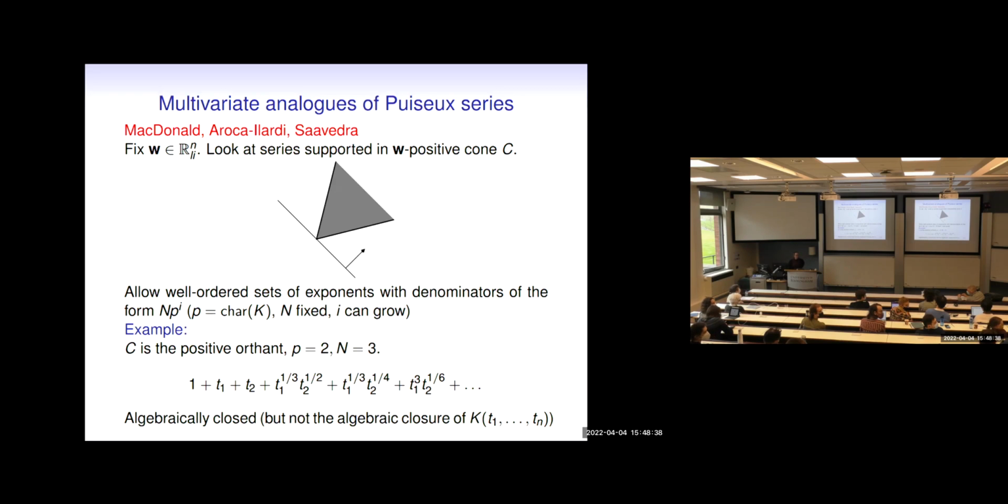Is this just characteristic p, or is it the same? This also works over the complex numbers. You just set p to be 1 in this. This is the characteristic p version. If you're in characteristic 0, treat it like a Poisson series. But this issue about not knowing the algebraic closure of the rational functions, we still don't know that as well.